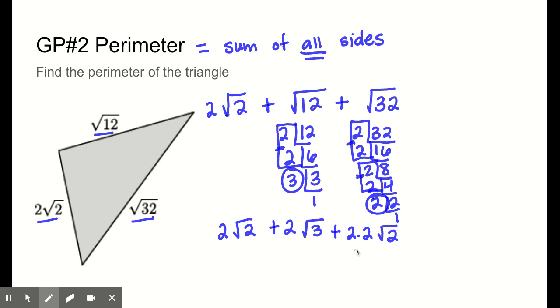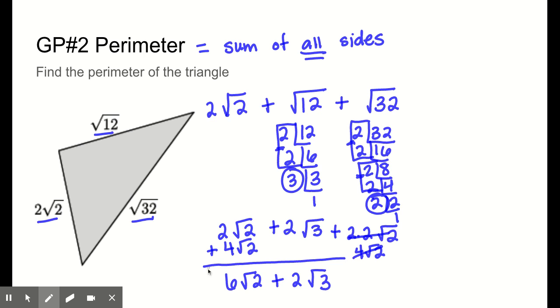So this is going to give us 4 radical 2, which we will then combine with the rad 2 we have here. When I combine our like radicals, that's going to give us a total of 6 radical 2 plus 2 radical 3.